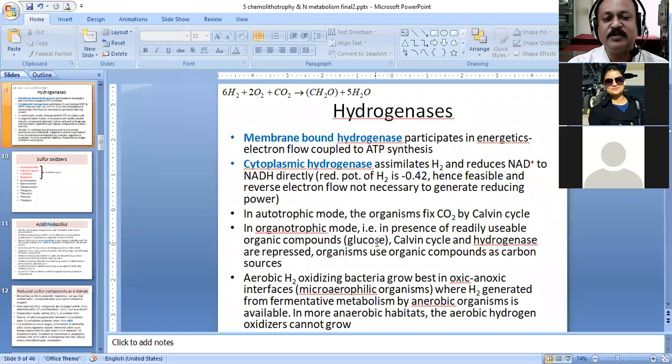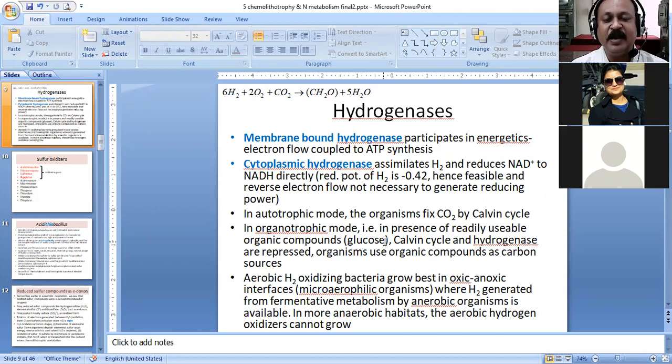In other words, the electrons from hydrogen are directly transferred to NAD+ by this enzyme, cytoplasmic hydrogenase. For this reaction, the reduction potential of hydrogen is minus 0.42. If you remember that graph once again, because the reduction potential is on the negative side, this hydrogen molecule can easily transfer the electrons to NAD+.